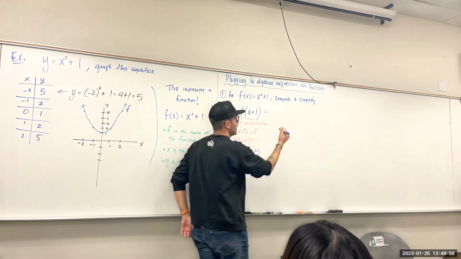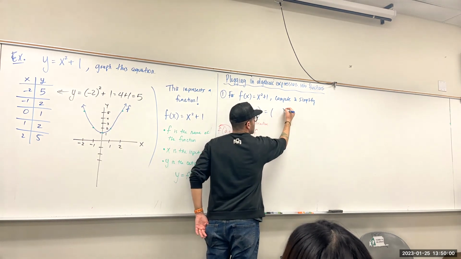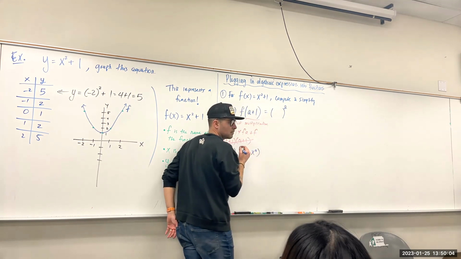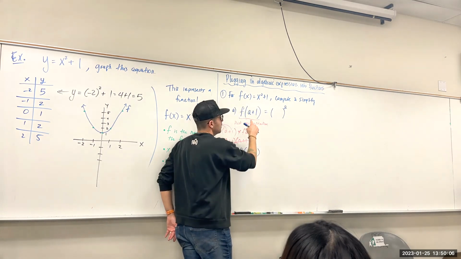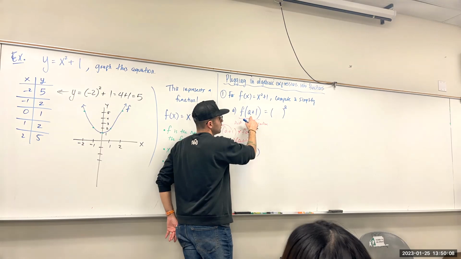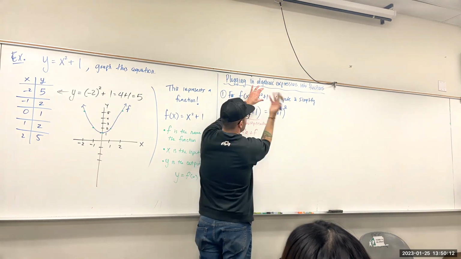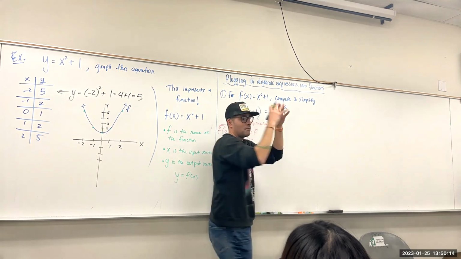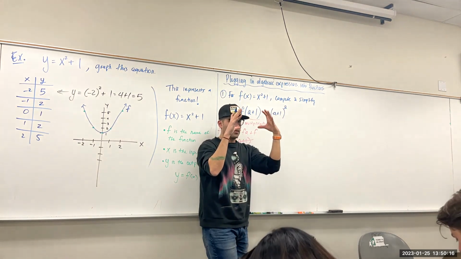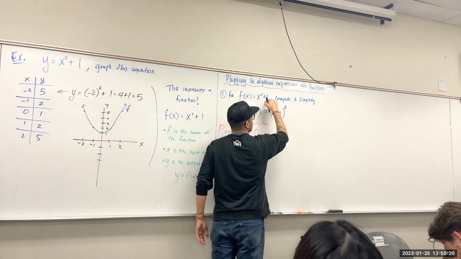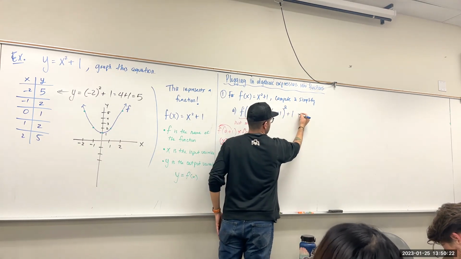So whatever I plug in, I put in parentheses and square that. What we're plugging into the function is A plus one. So I replace that X with A plus one, but notice that I have to put it in parentheses. That's notation you've got to be careful with. And then we add one to it.